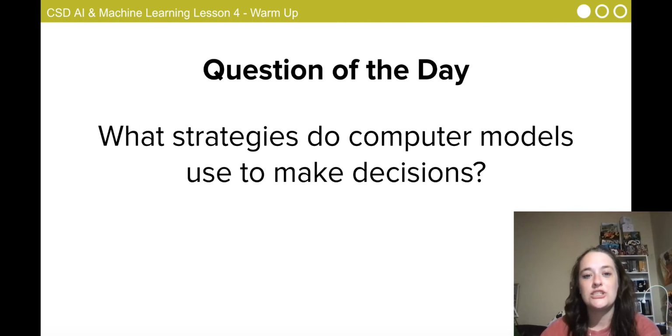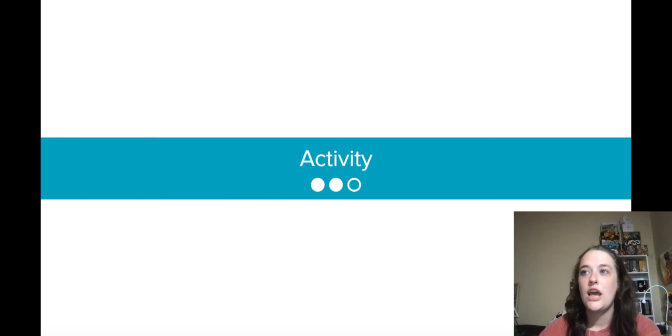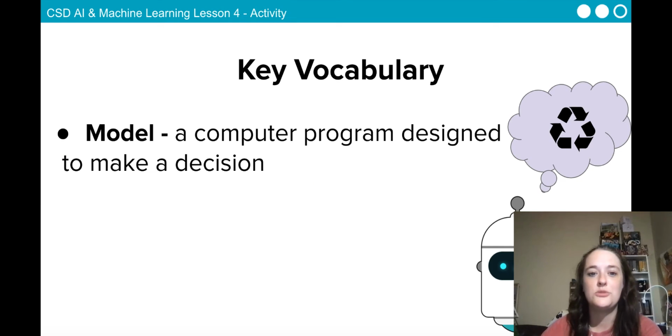So, our question of the day is, what strategies do computer models use to make decisions? Our key vocabulary term right now is going to be model.